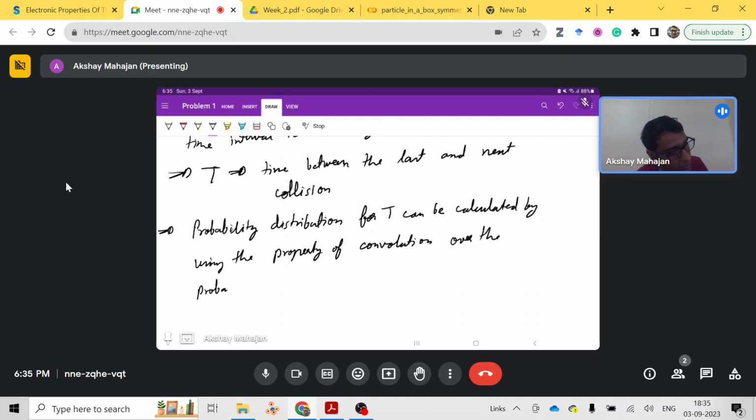So the probability distribution for capital T can be calculated using the property of convolution over the probability distribution.